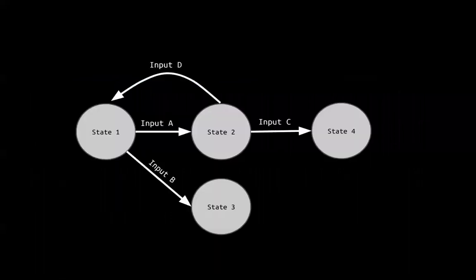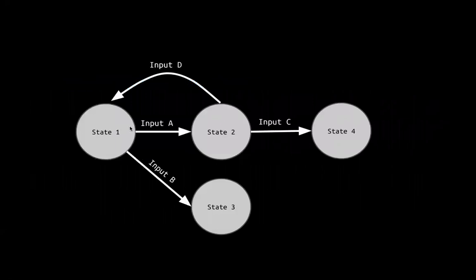So let's look at an example. A finite state machine is sort of a conceptual machine that you can express using circles and lines, basically. The idea is that it's this thing that is at any one time in a given state.